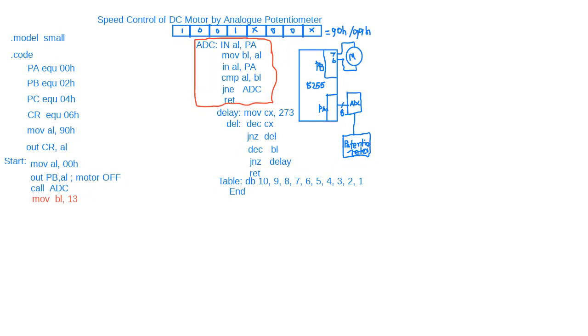And the ADC value is in AL, so move AH, comma 0, so that we make AX. Now divide BL. That means AX is divided by 13, right? This is the X table. So it is the scale down ADC value.